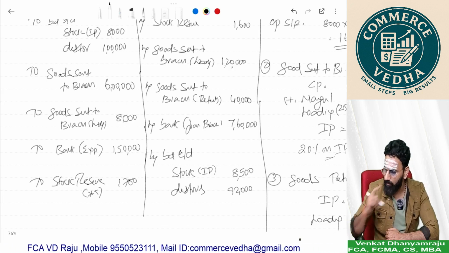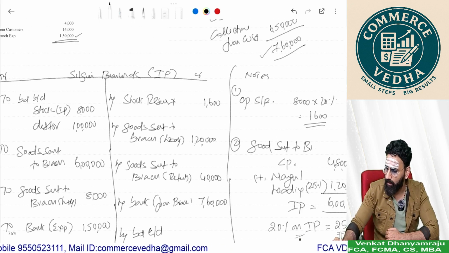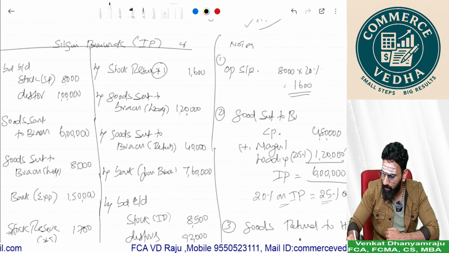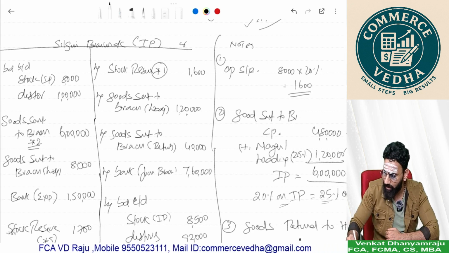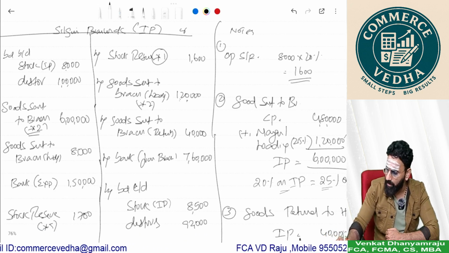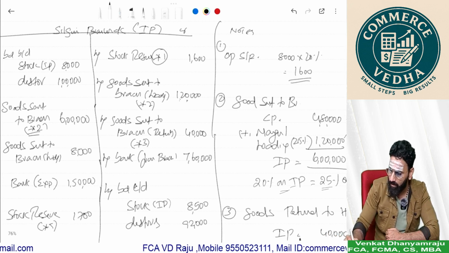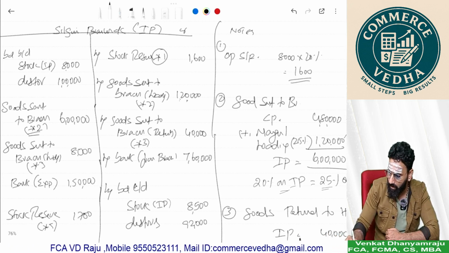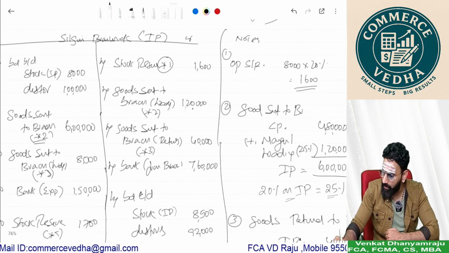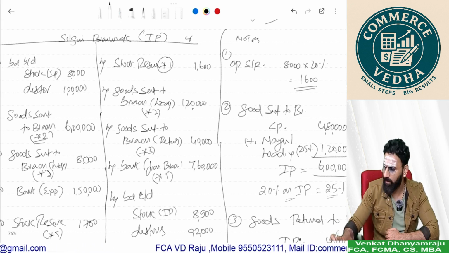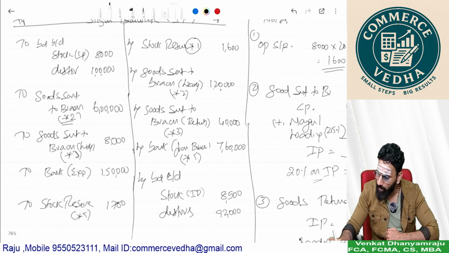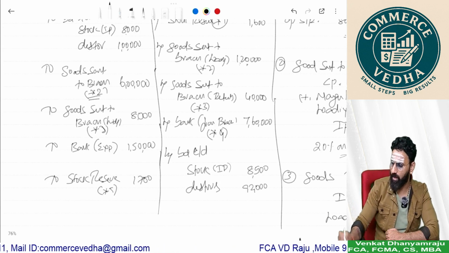Note number 5 here, note number 1 here, note number 2 here, same with note number 2, and note number 3 here, and note number 5 here, note number 4, and note number 5 here.